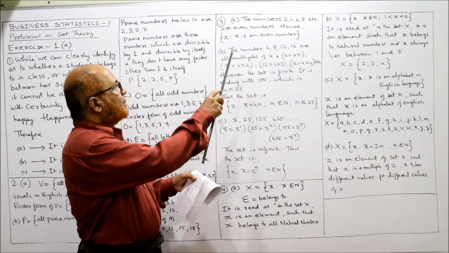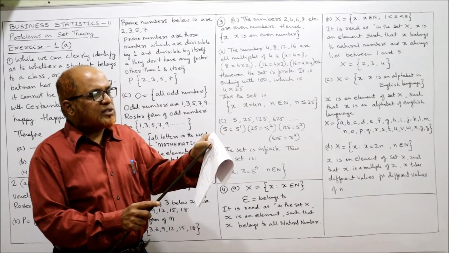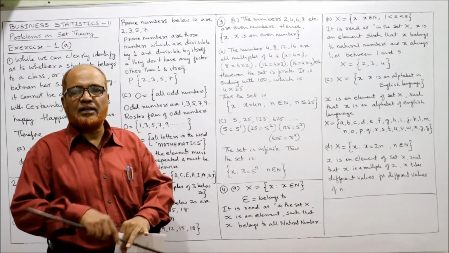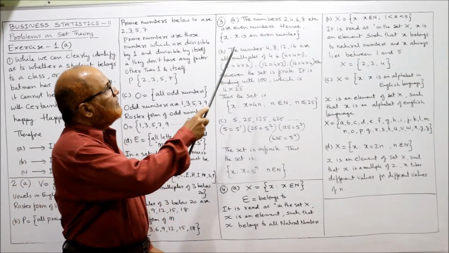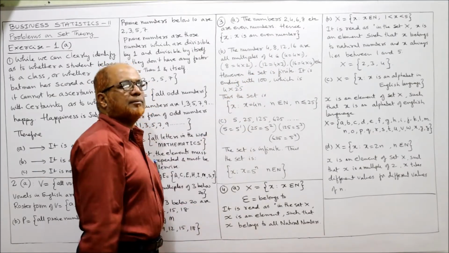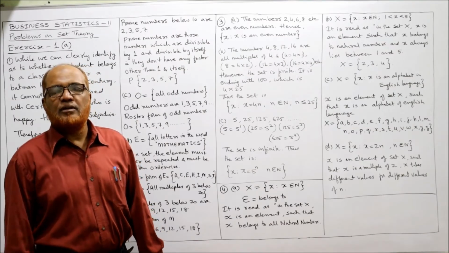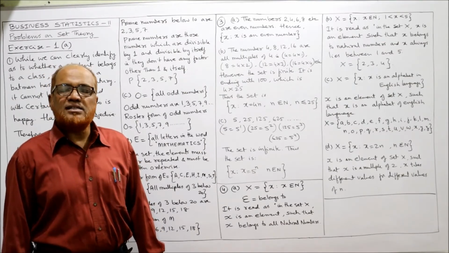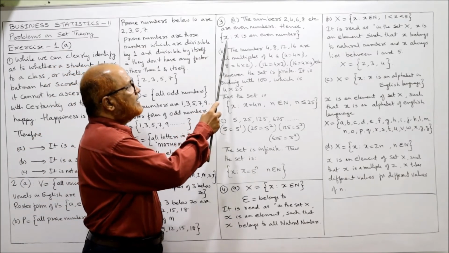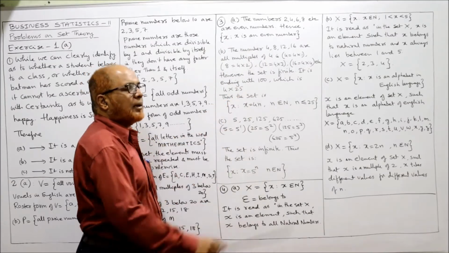So here, for A, the elements are given. The elements are 2, 4, 6, 8. Now we have to put this set in a rule method, in set builder form. If you observe, the numbers 2, 4, 6, 8, etc. are all even numbers. So we can write the set in rule form: {x : x is an even number}.